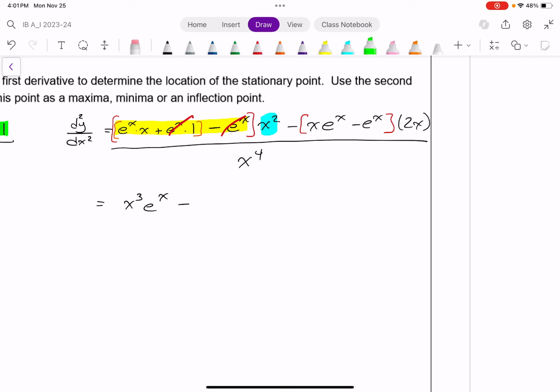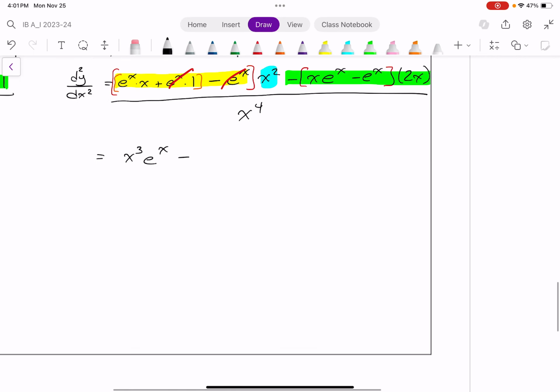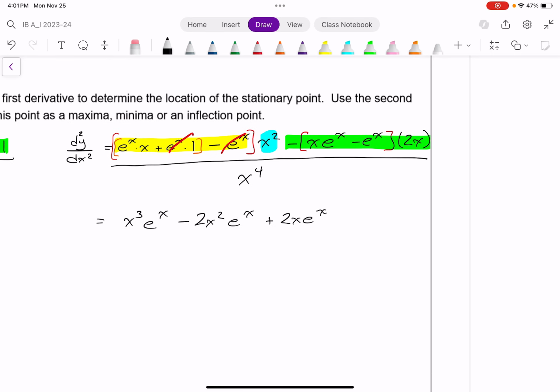Over here, if I distribute out the 2x, and keep in mind I'm subtracting a lot of things, it should come to minus 2x squared times e to the power of x plus 2x times e to the power of x, because I'm subtracting a negative one point. And all of this is being divided by x to the power of 4.